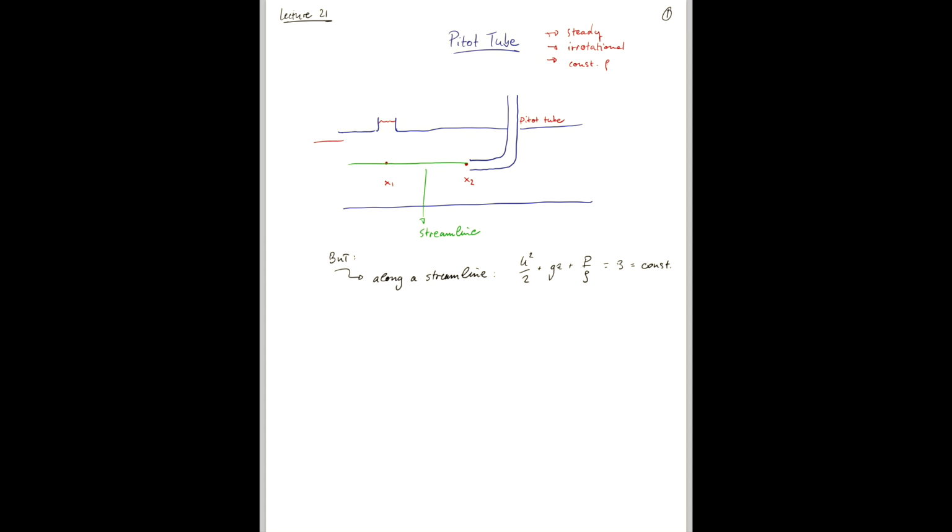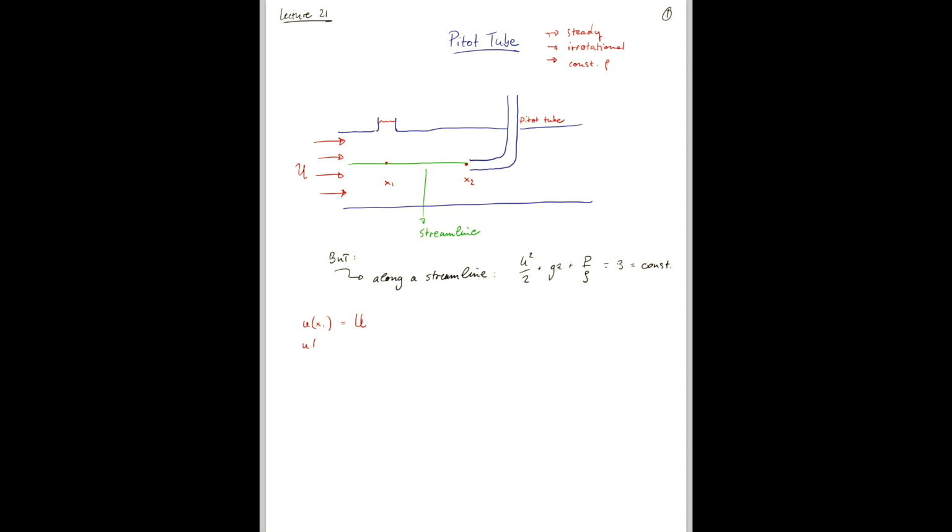Well, we assume that we have constant velocity u coming in here. So this is u, and that means that at x1, u of x1 is assumed to be upstream enough of the Pitot tube that it won't be affected by having that obstacle in there. So that's just going to be u.